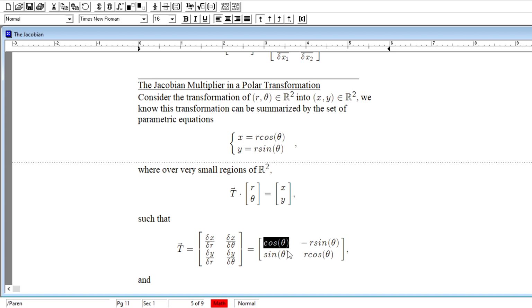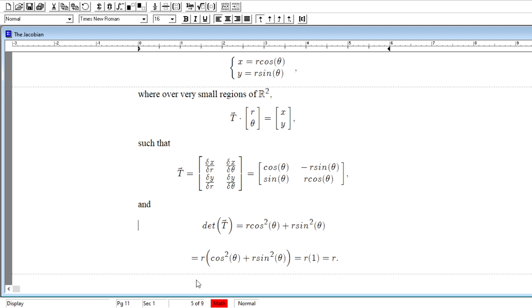And if this becomes our description of T bar, that transformation matrix, then the determinant of that matrix is just the quantity cosine theta times r cosine theta, which is r cosine squared theta, minus sine theta times negative r sine theta, which is minus negative r sine squared theta.